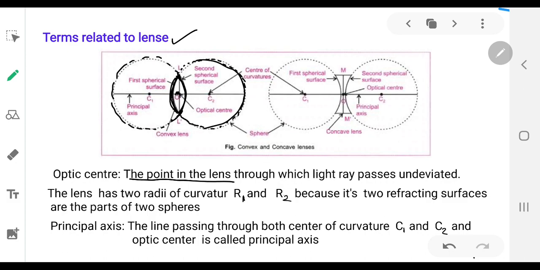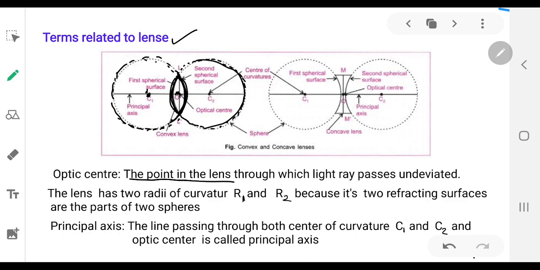The center of that sphere, which is completed by taking the refracting surface of a lens as its part, is called the center of curvature of the refracting surface.